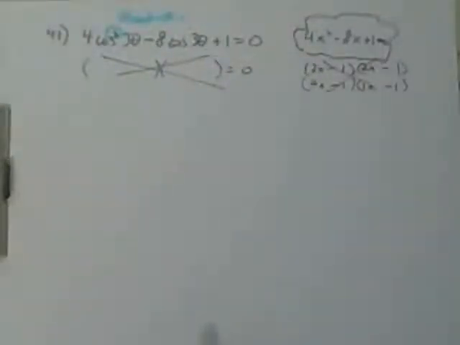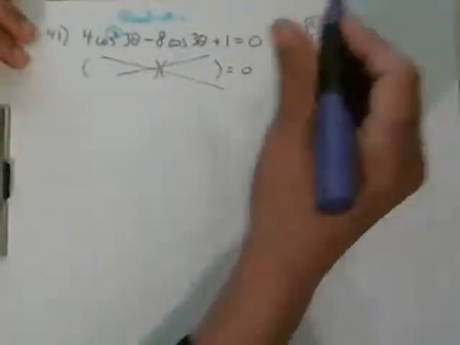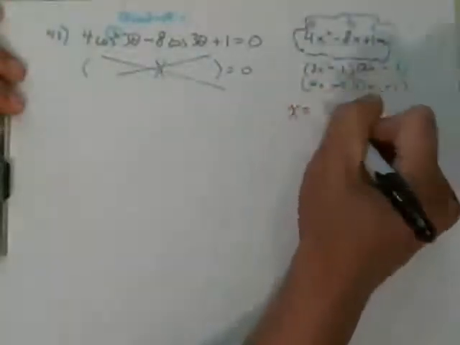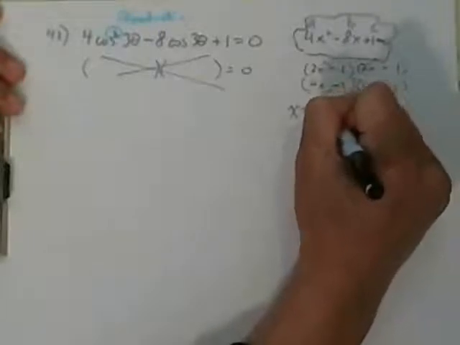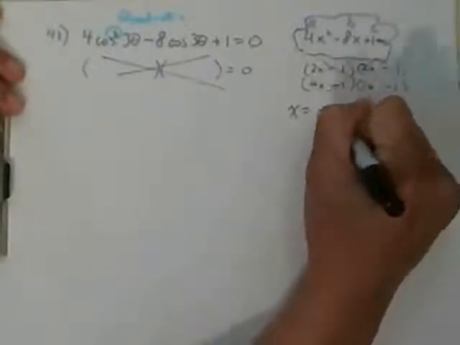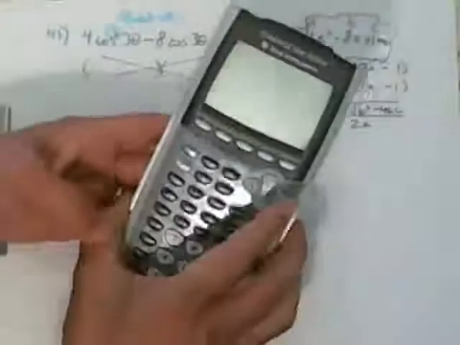So what I'm going to do at this stage is use the quadratic formula. This is your A, this is your B, that's your C. The quadratic formula is x equals negative b plus or minus the square root of b squared minus 4ac, all over 2a. I'm going to use a program in my calculator.